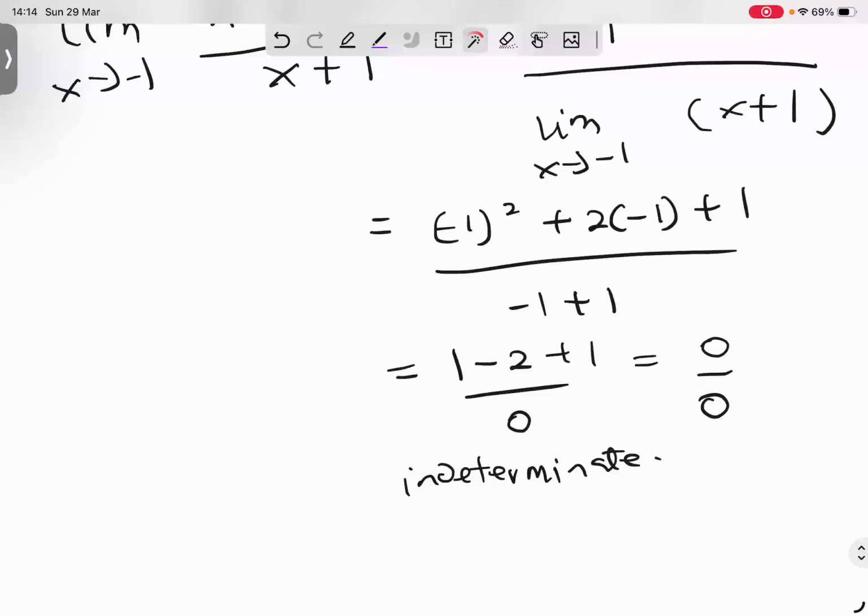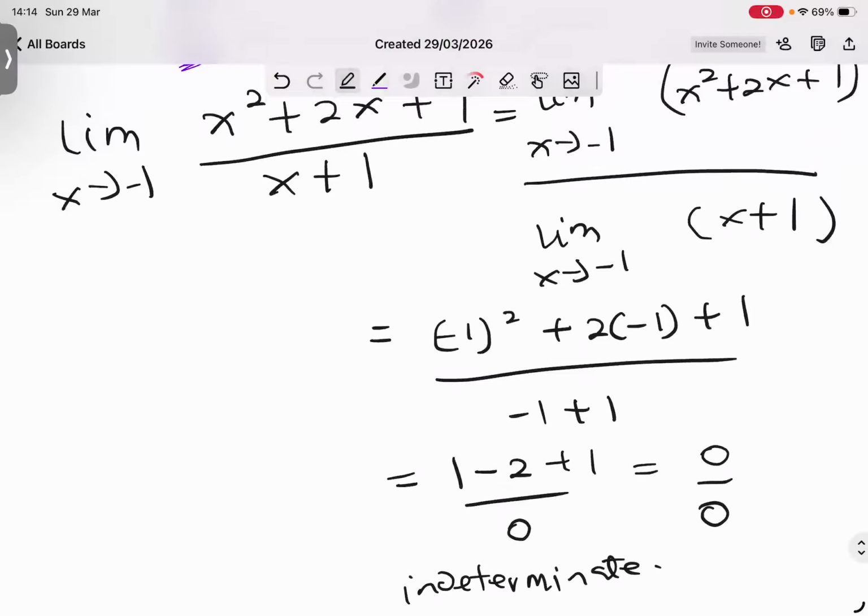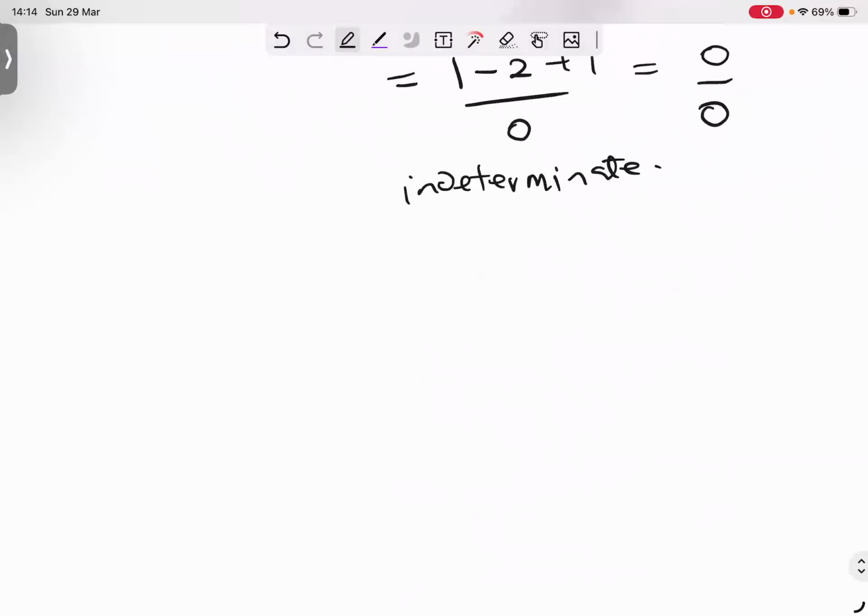So if you have 0 over 0 in this case, you are definitely going to have some terms that you can cancel out in such a way that when you reapply the limit, you are not going to get 0 over 0, because 0 over 0 means we cannot determine it. Therefore, we need to go back to our function and simplify it.